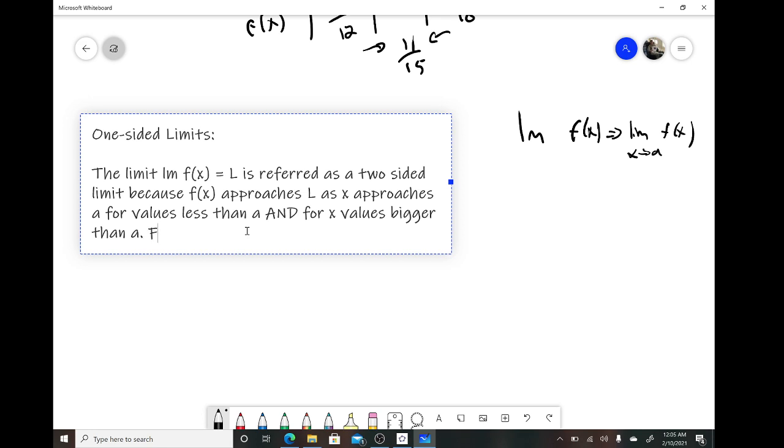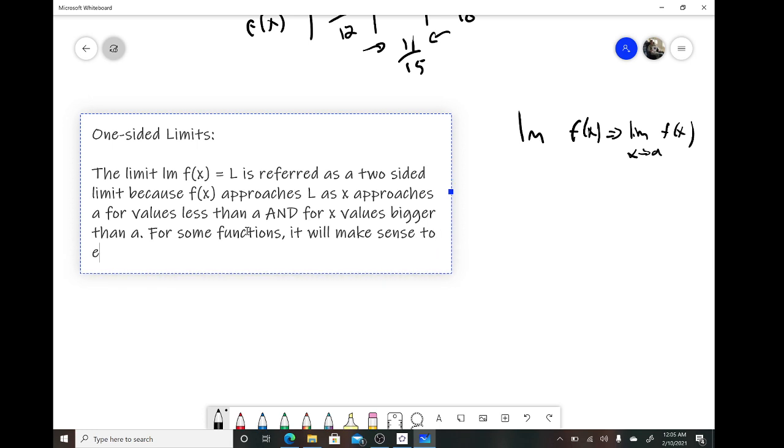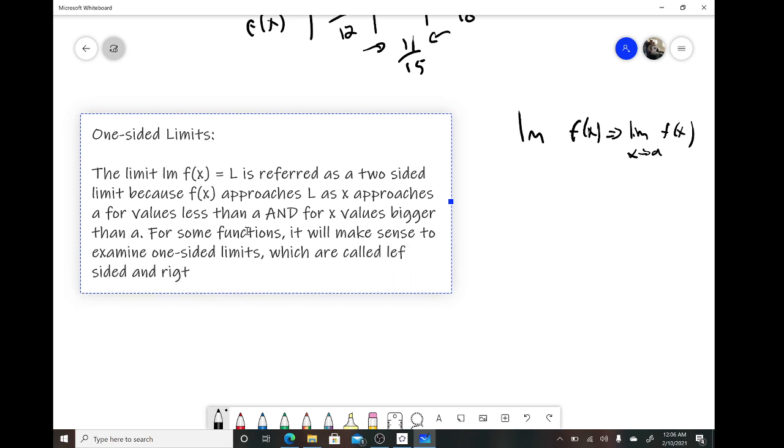Now, for some functions, as I was mentioning, it will make sense to examine one-sided limits, which are called left-sided and right-sided limits.